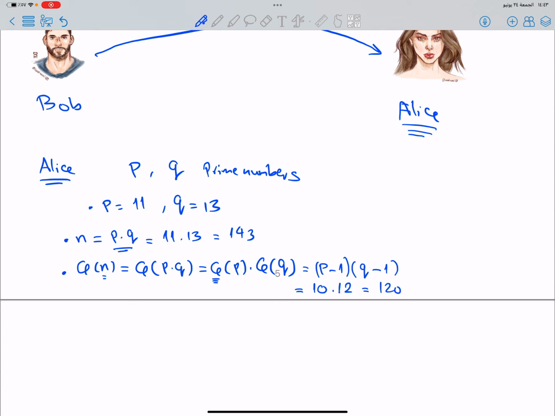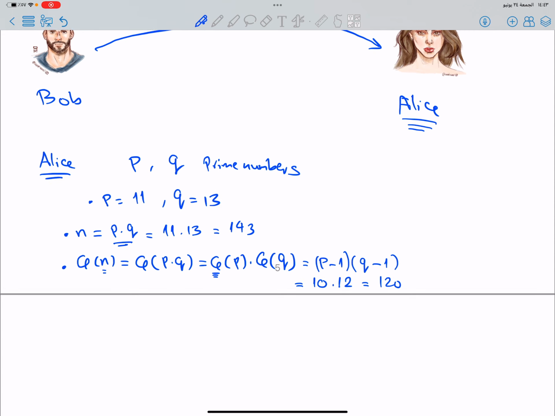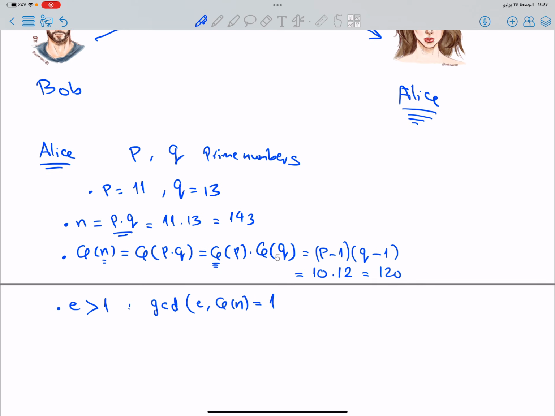Okay, the next step, Alice should choose E. E is a number greater than 1, and there is a condition, which is that the GCD, the greatest common divisor, of E and phi N must be 1. This is very important.